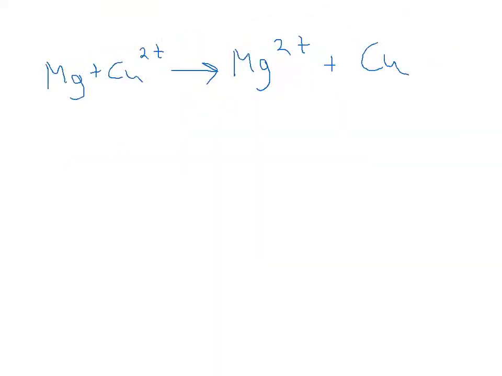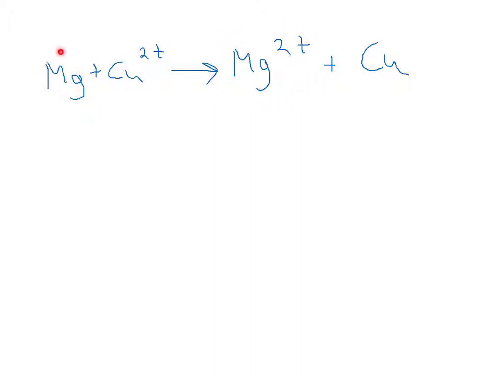Okay, let's take a closer look at what's going on here. In the previous slide, what we saw was our copper ion being reduced to form plain old copper. Then we showed that magnesium is oxidized to produce the magnesium ion.